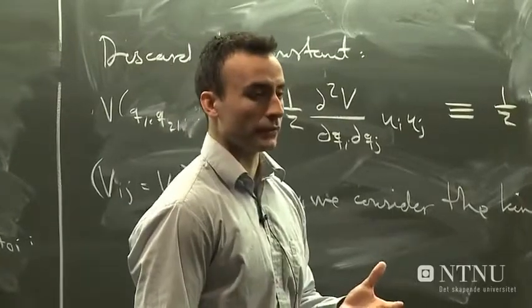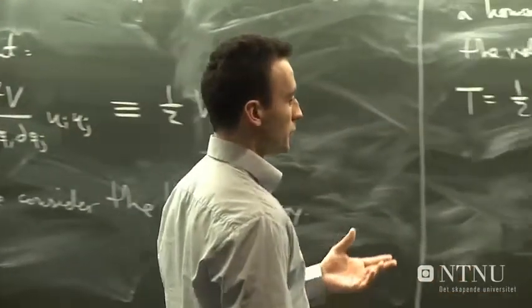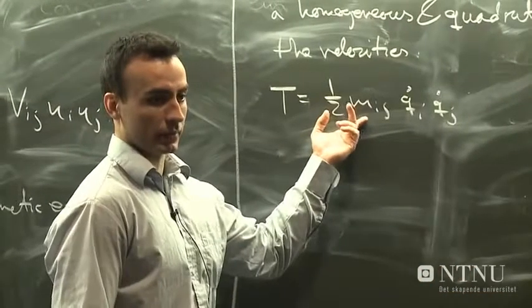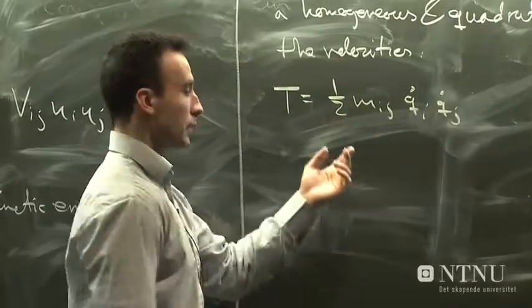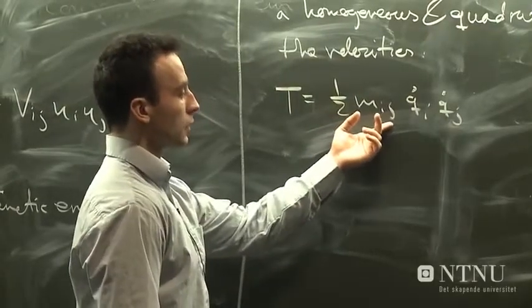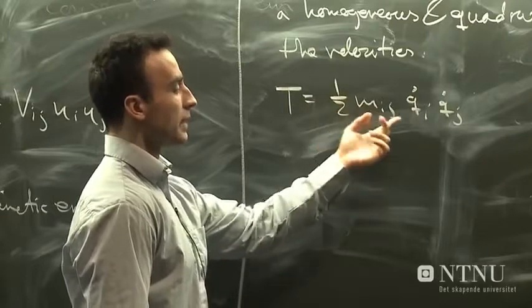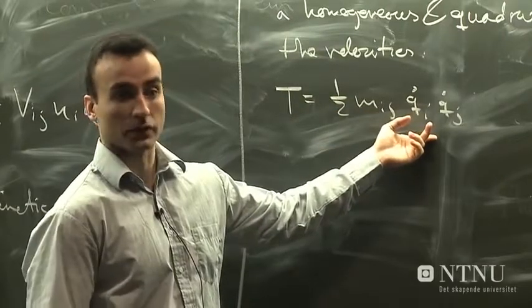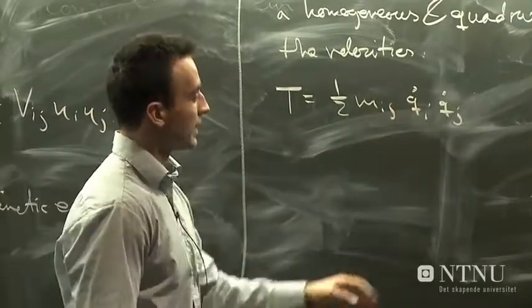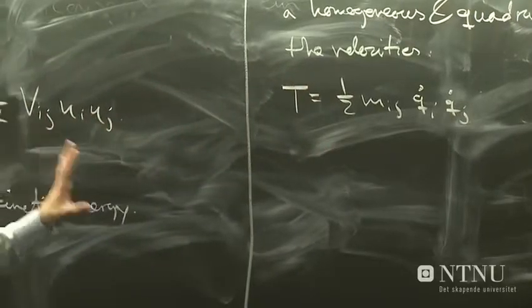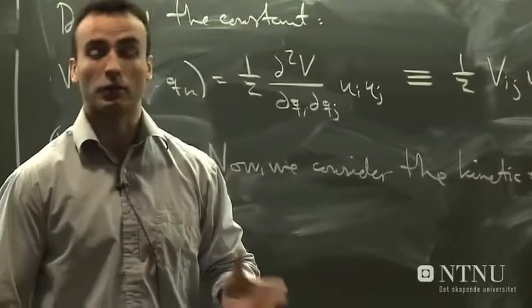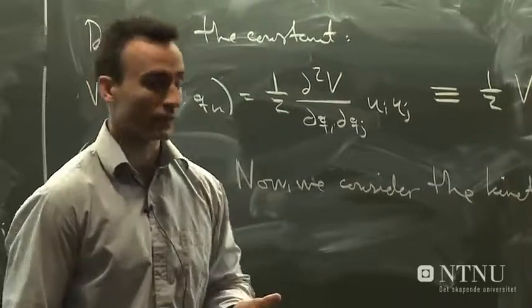If you just consider a free particle moving, you would just have a diagonal matrix, right? You would only have non-zero values for equal coordinates, so you get 1/2 m (x dot squared plus y dot squared), for instance. So we consider the possibility that we might have cross terms here to make it more general.